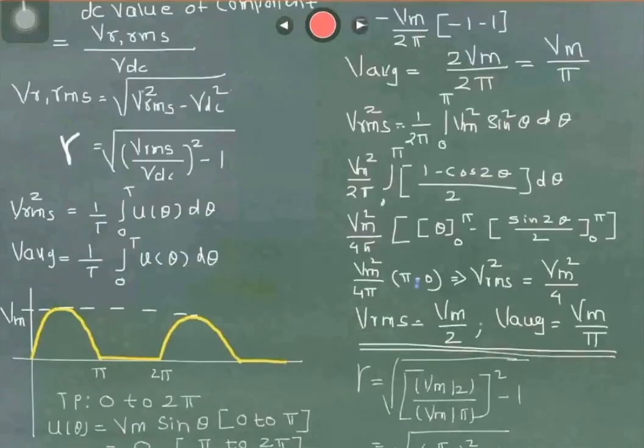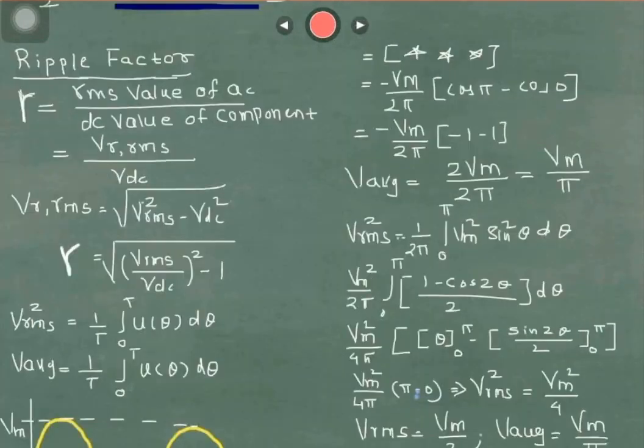But before that, let us see how you perform the analysis of a rectifier circuit. There are two factors you have to deal with, as shown here. The first factor is the ripple factor of the circuit. Ripple factor is the RMS value of the AC component upon the DC value, that is Vrms upon Vdc.